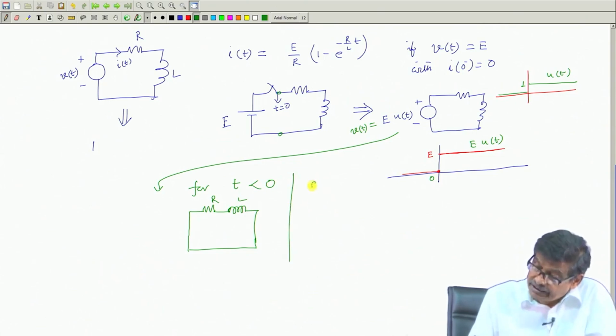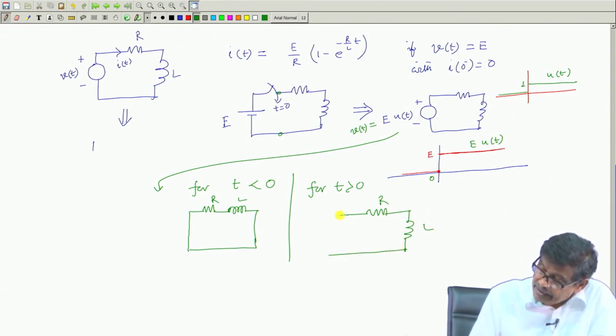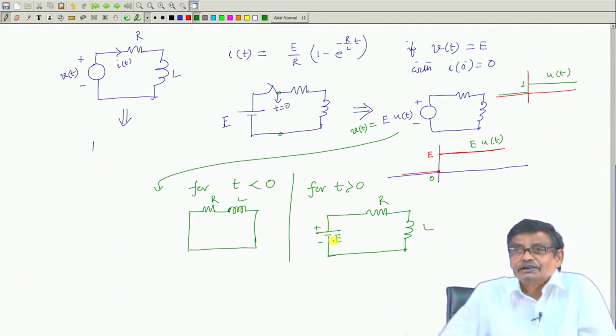And for t greater than 0, the circuit will look like R L, and here as if a constant voltage plus minus E. This is the situation.